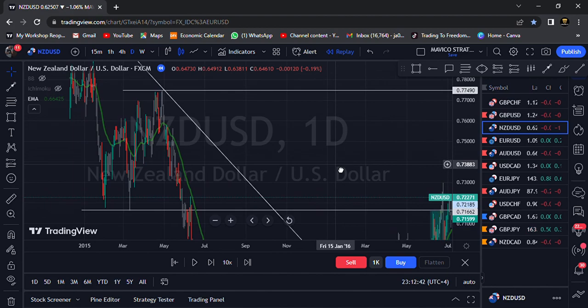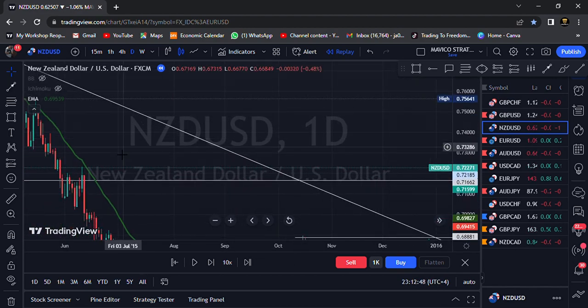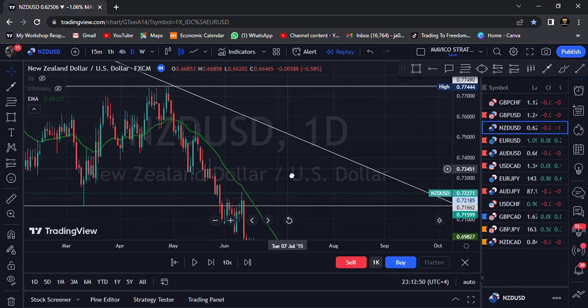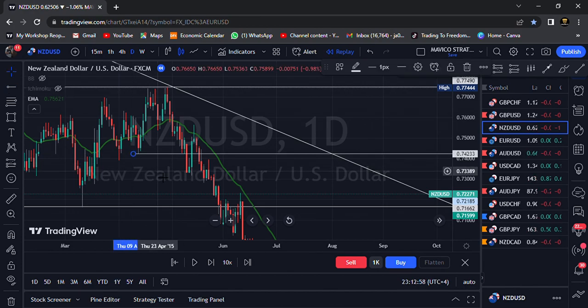Actually, we still have a lot of levels here. We can consider this as a level, and this also as a level.